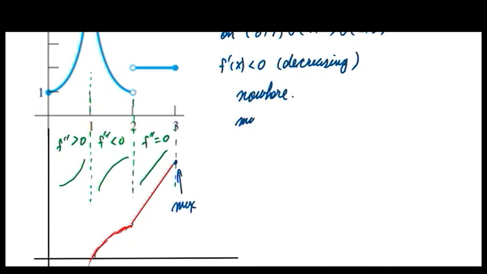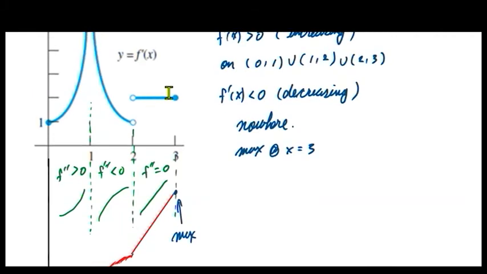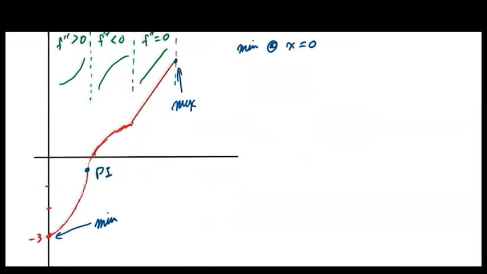Max is the endpoint, right? x is equal to 3. Because if it ends at an increasing function, if you can kind of draw something, that's a maximum. And then min at x is equal to 0, the other endpoint right here, which you can see down here. You know what I'm saying? Say yes.